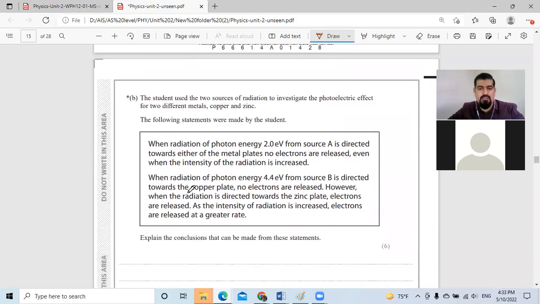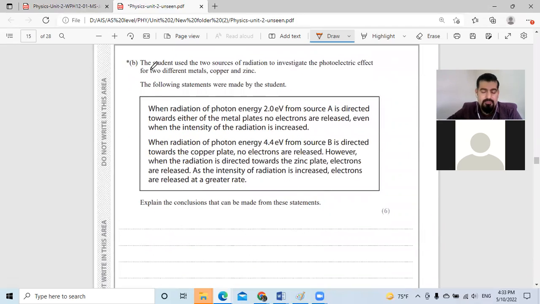Part B, we have a star question, 6 marks. A student used the two sources of radiation to investigate the photoelectric effect of two different metals, copper and zinc. So we have two sources, and B has higher energy for each photon than A, and two different metals, copper and zinc.